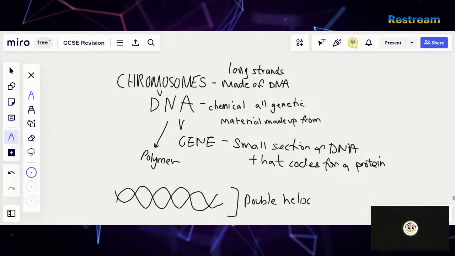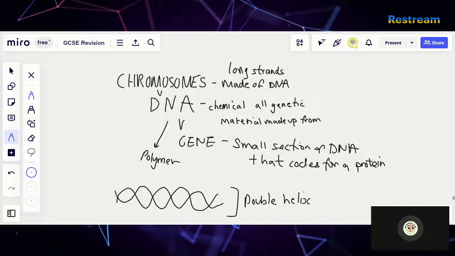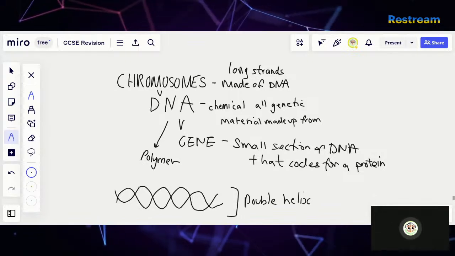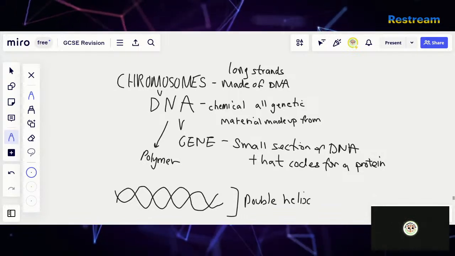Some people even go further and say a gene is a small section of DNA found on a chromosome, but you don't necessarily have to say the found on the chromosome bit.